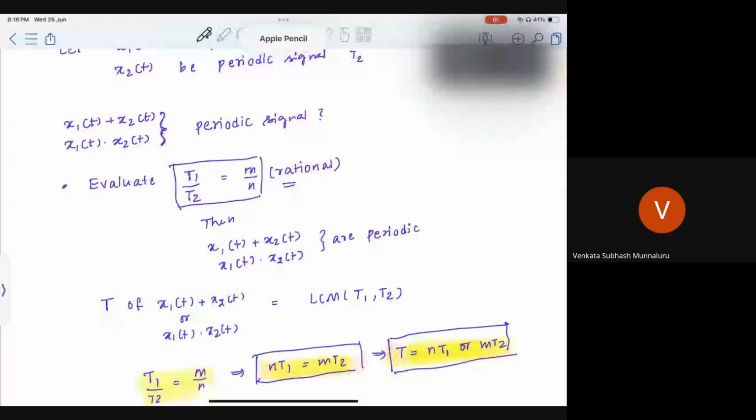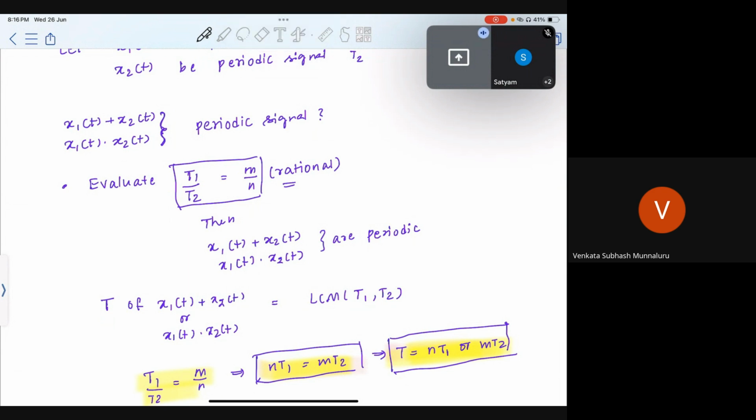Okay, right. So once you evaluate the fraction, if the fraction turns out to be a rational number, then we say the manipulated signals are periodic, or otherwise they are not periodic. We have also seen the other two cases, x1 of t minus x2 of t and x1 of t divided by x2 of t, can be written in this form.